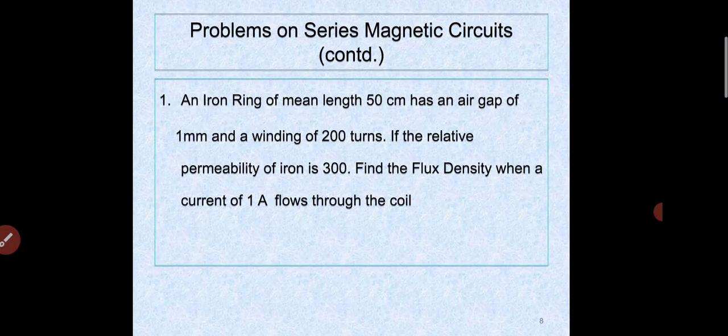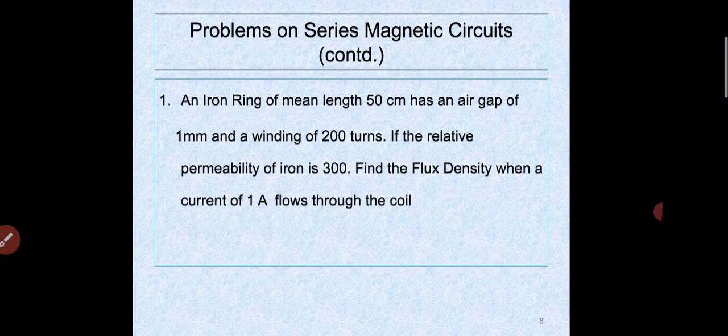Okay, next. Problems on series magnetic circuits. Note, write down.